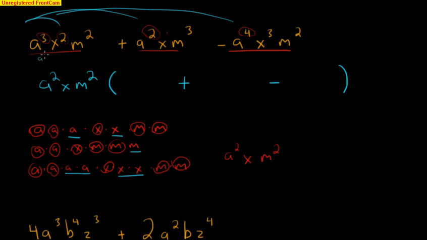It's exactly like dividing by a x m squared. Well, a squared, two a's would cancel out, 1 is left. 1x would reduce out, so 1 is left. And m squared cancels out completely. All that's left is ax once we divide this term by a squared x m squared.